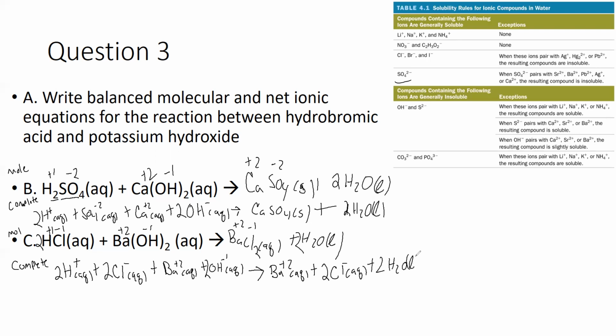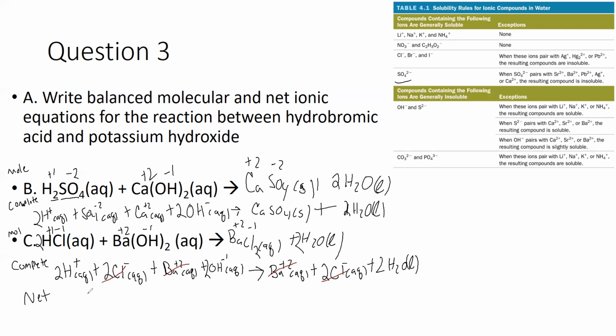2H2O liquid. And then to go to the net, you just need to see what's the same on each side of the equation. So 2Cl, 2Cl, Ba, Ba.